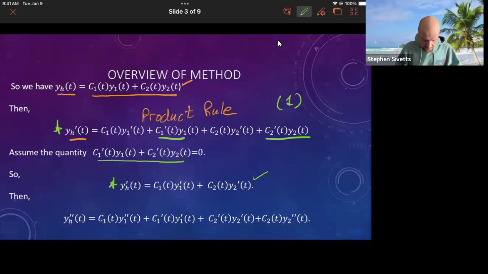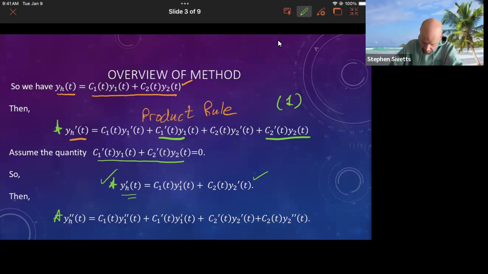Then if we differentiate yh of t again, yh double prime of t, so this one here. So if we differentiate this equation here, yh double prime of t, well, it's going to be equal to the product rule again, right?